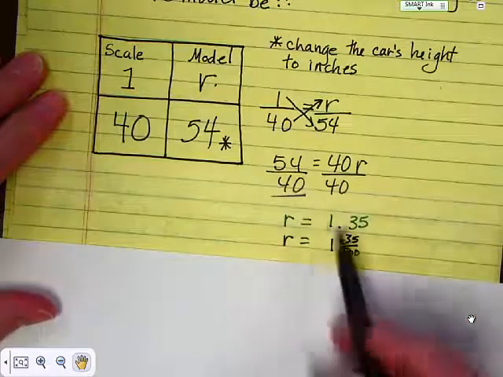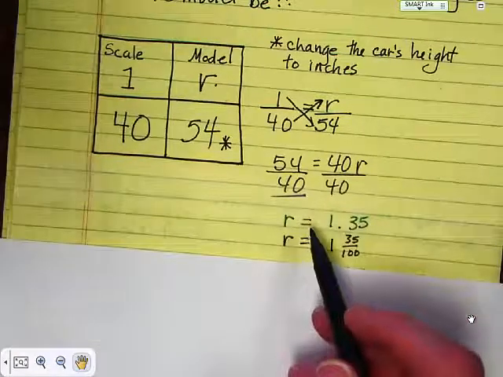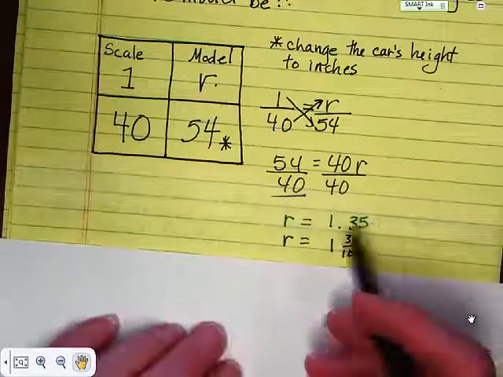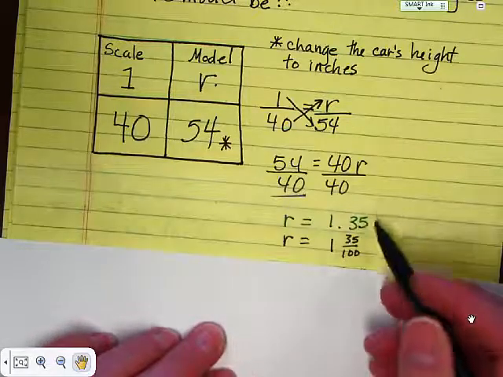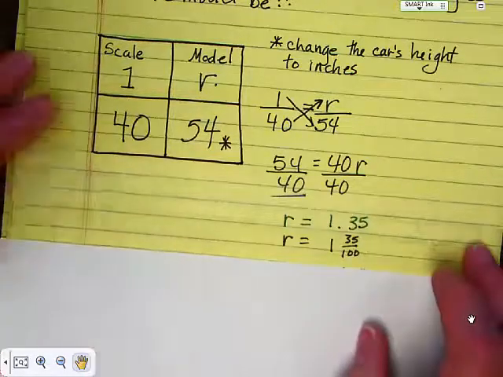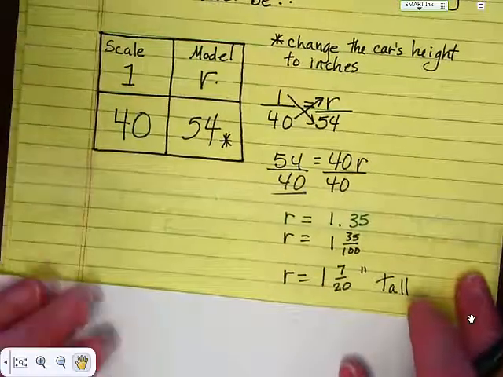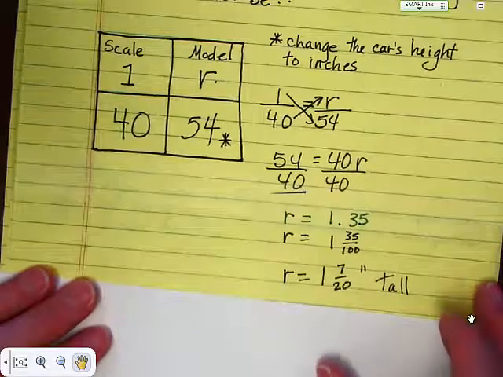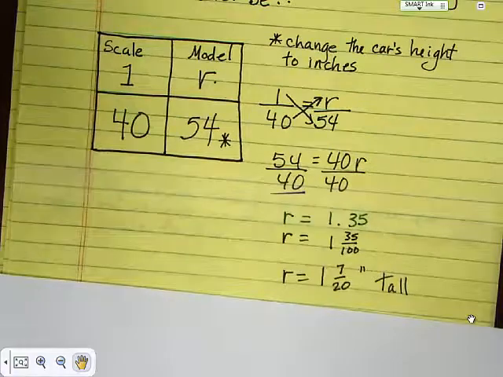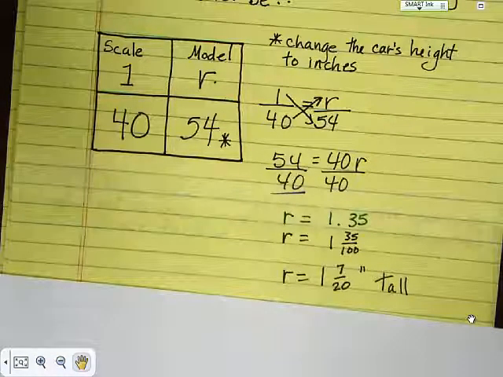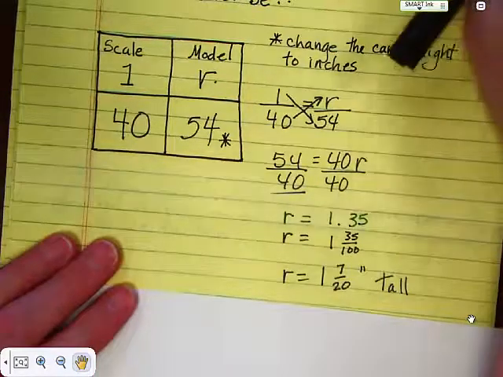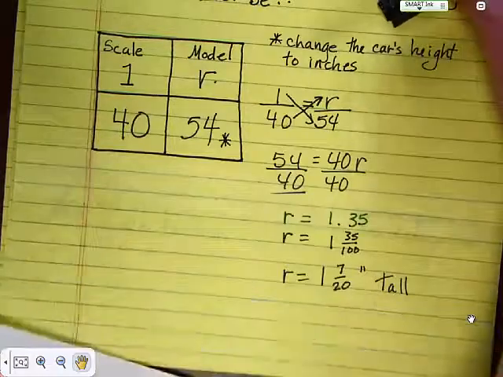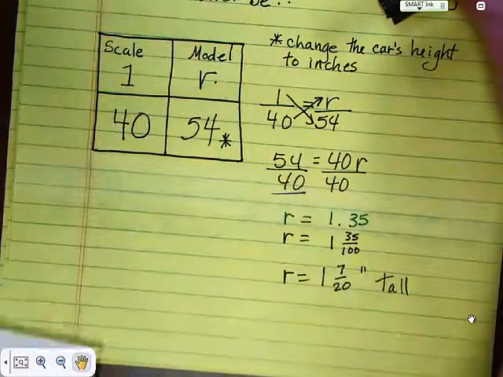And what you would end up with is r, the height of the model, is 1.35, or 1 35 hundredths, or 1 7/20 inches tall, which seems like a really precise measure, but when you're talking small, that would be about typical. That would not be out of character at all. Remember, model things are small, typically very small.